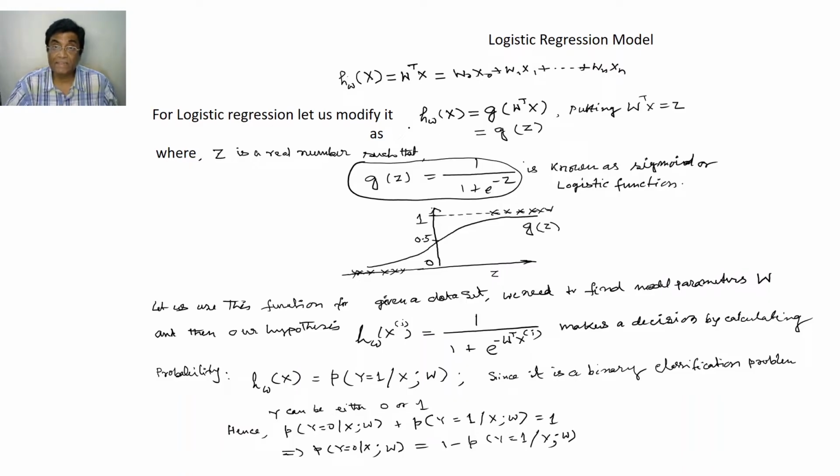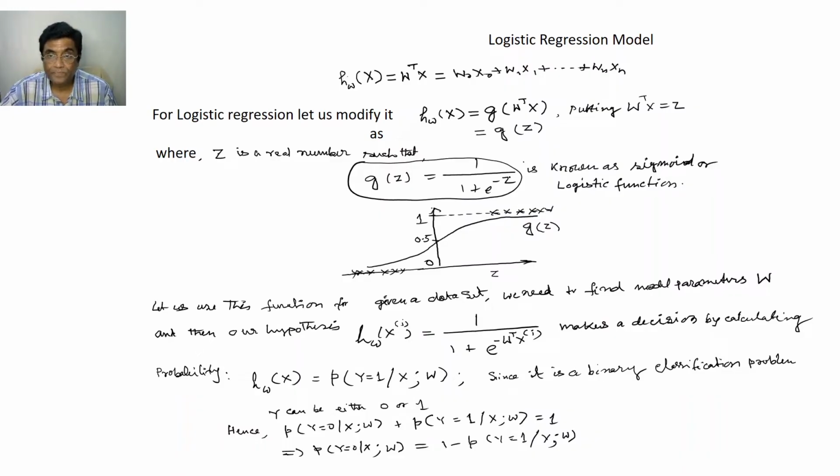Why this restriction is needed, you have studied in an earlier slide. Now, what is it actually doing? You see, the nature of the sigmoid function is this: it has two asymptotes, one at 0, another at 1.